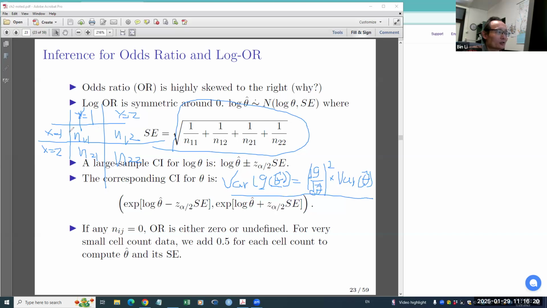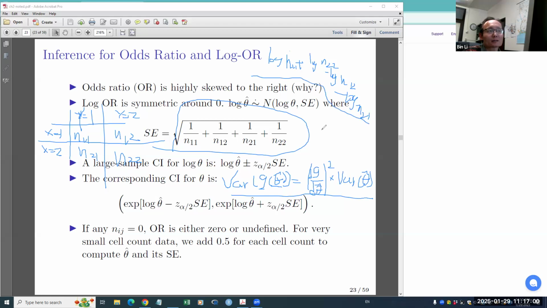Then you can see we have those odds ratios. You can easily see the log odds ratio equals the log of n11 plus log of n22 minus log of n12 and minus log of n21, right?